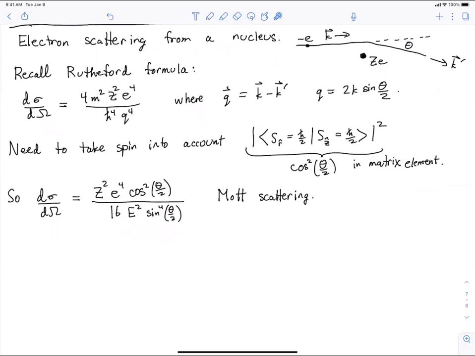Okay, and all of this was also assuming that our nucleus was just a point, but at high Q, you can also probe the structure of the nucleus. And so I want to briefly say how that comes about.